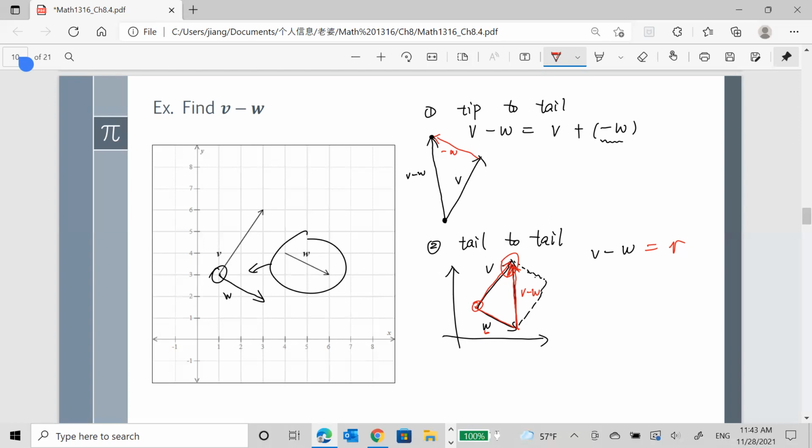Yes, that means for V minus W, you first draw a parallelogram and then starting from the W, because of minus W, point to the tip of the V. So this is the way we find the subtraction.